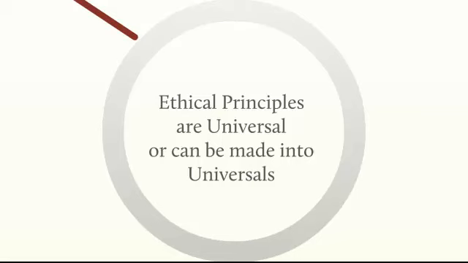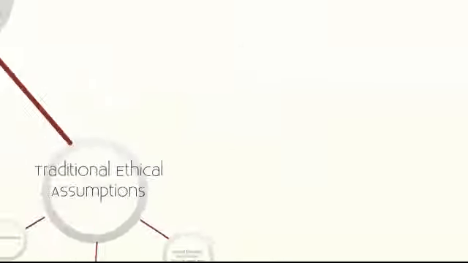We want to look at the bigger picture, not necessarily the smaller picture. Applied ethics is where we go in and necessarily start looking at the small picture, but here we're going to be looking at the big picture. So we're assuming that our ideas that we come to can be made into universals.